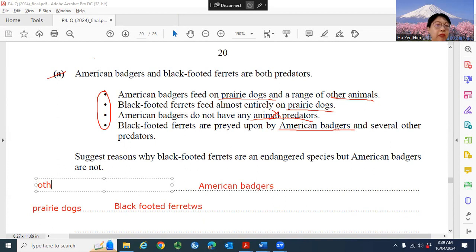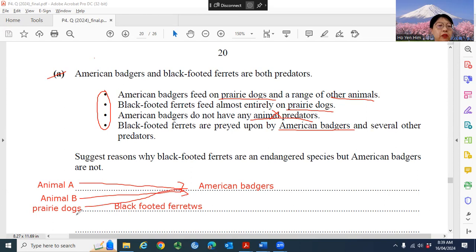Animals means we've got animal A, animal B, and so on. Using the food chain, American badgers feed on animal A, animal B, and also prairie dogs, so a lot of supply. Whereas black-footed ferrets only feed on prairie dogs, and black-footed ferrets are also consumed by American badgers. So this is the food chain.